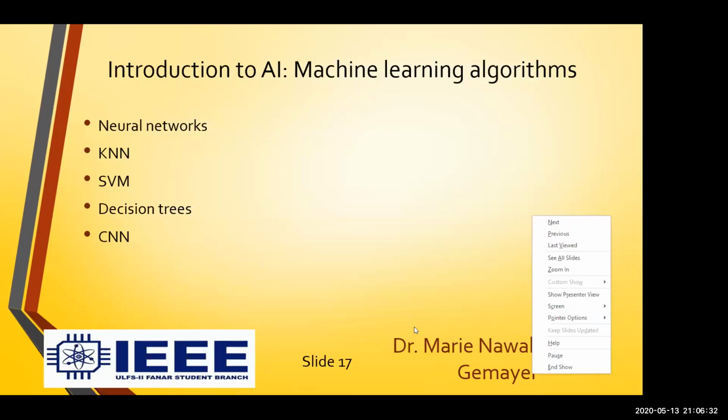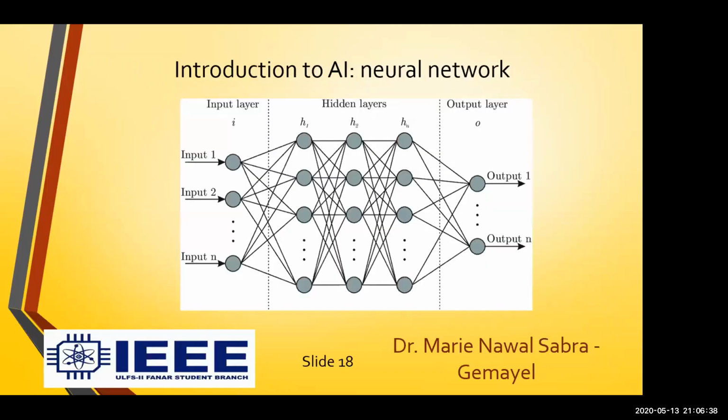So we are going to see an application on neural networks during this session. The first image we have here is the neural network. I expect that many of you have already seen this. The neural network is the actual brain of artificial intelligence.